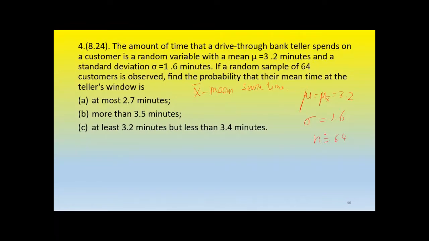So you will find sigma x bar, which is 1.6 over root of 64, root n, sigma by root n, which is 8. 1.6 divided by 8 is 0.2. This is the standard error or standard deviation with respect to x bar.